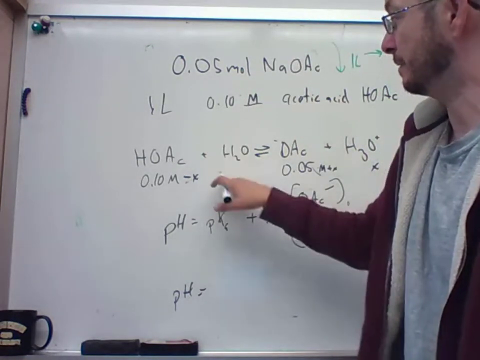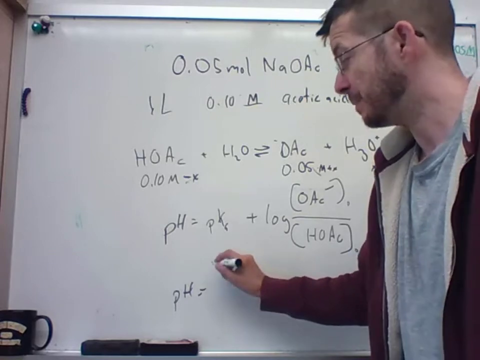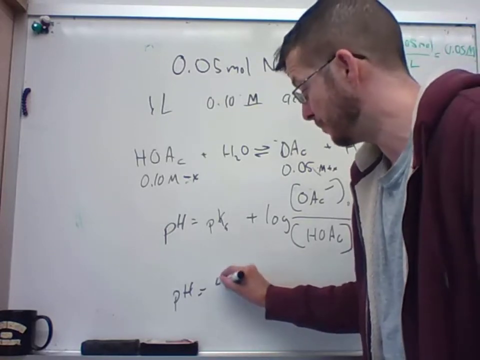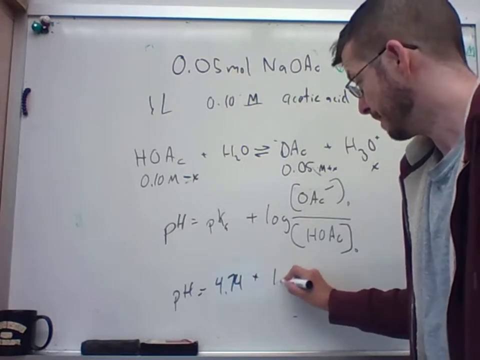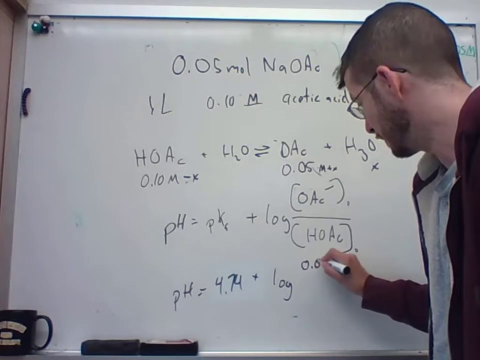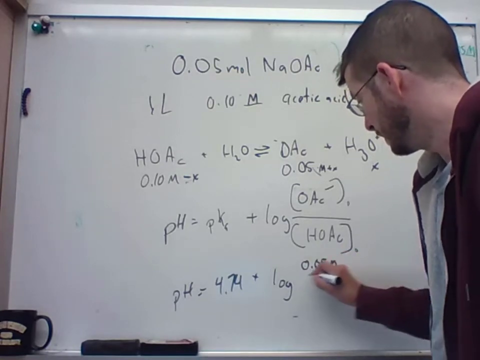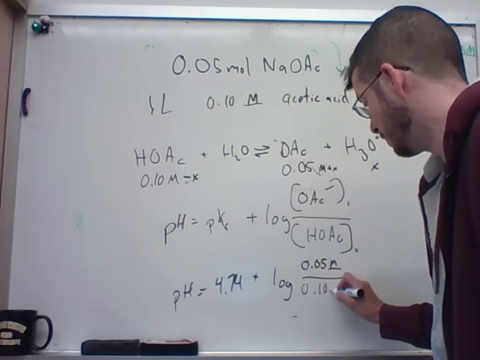The pKa of acetic acid, Ka is 1.8 times 10 to the minus fifth, the negative log of that, would be 4.74, plus the log of the concentration of the conjugate base, 0.05 molar, divided by the concentration of the conjugate acid, 0.100 molar.